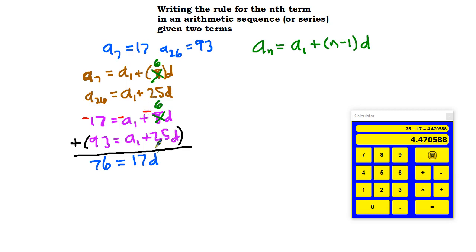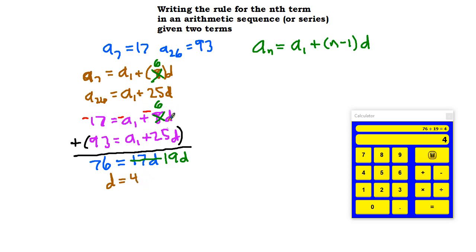And if we do 25 minus 6, then we don't get 17, we get 19d. Now let's try 76 divided by 19, and maybe that comes out to be a nice even number. It doesn't have to be, but it did give me a reason to go back and double check my math. So we get d equals 4.